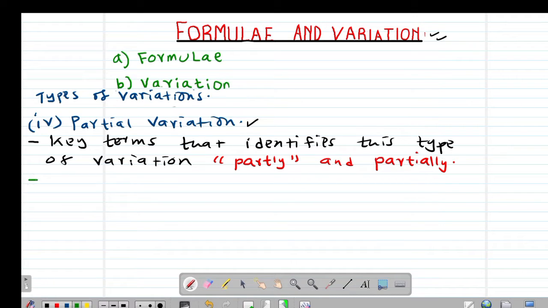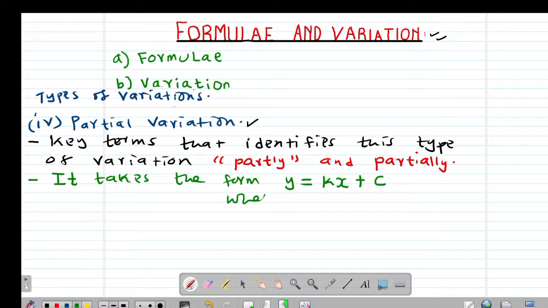Then the other thing which is unique about this type of variation is the form it takes. So the equation takes the form y is equal to kx, then of course plus c, where k and c are simply constants.